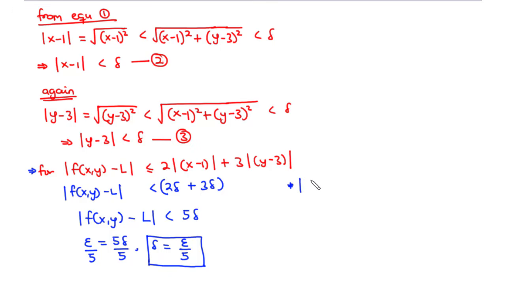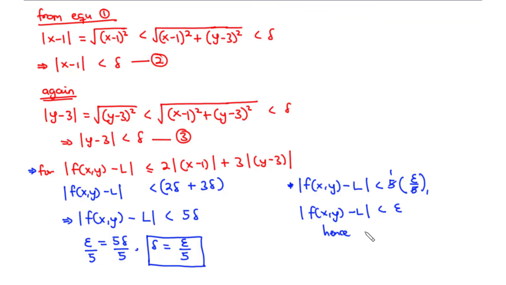So we have the absolute value of f(x, y) - L is less than, from this inequality, 5 times delta on the right hand side. Delta is epsilon over 5. So we cancel out 5 and 5, and then we have the absolute value of f(x, y) - L less than epsilon. Hence the proof.